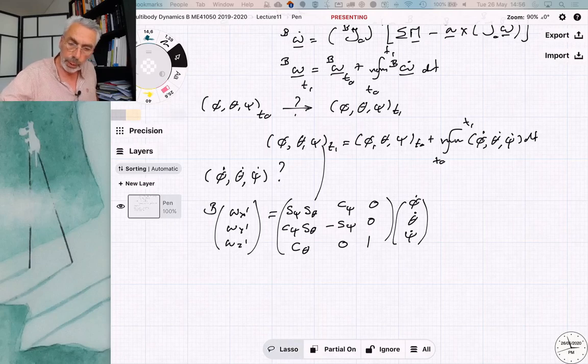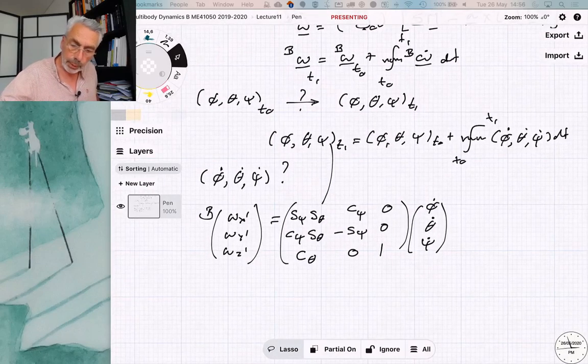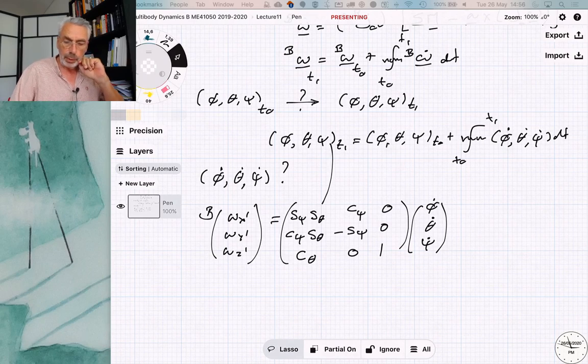Okay, so we have derived the expression the other way around. We know what the angular speed is in terms of the angles and the angular rates, but we need the angular rates in terms of the angular velocities, which is a matrix with the angles times the state. So we have to do the inverse.